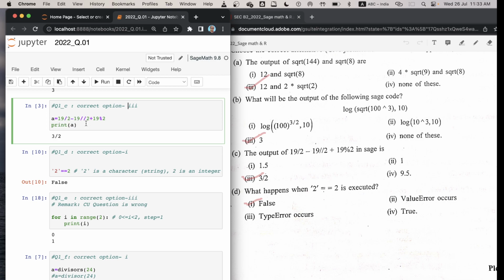This is the quotient division, 19 divided by 2, the quotient, and 19 modulo division 2 gives the remainder. So we get the result 3 by 2 for this.